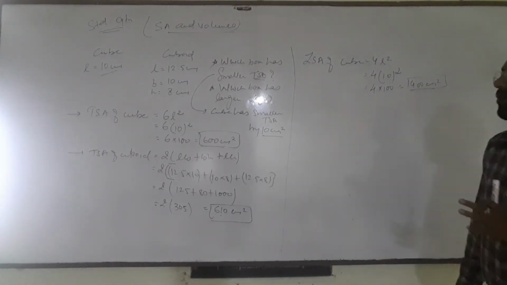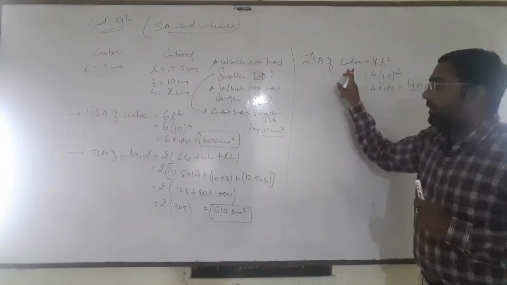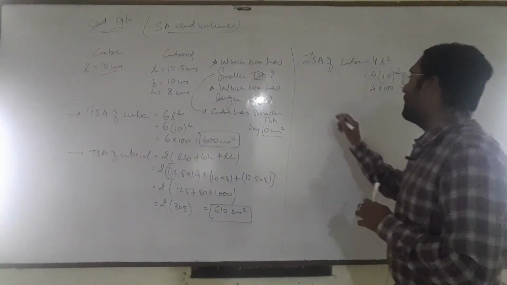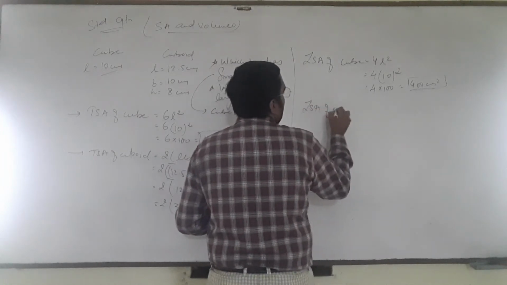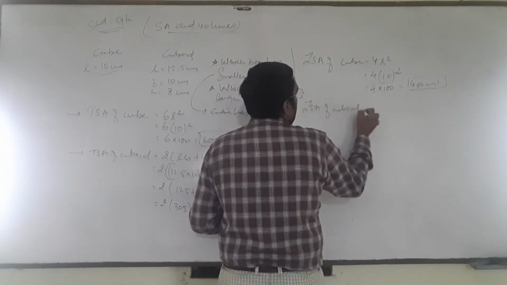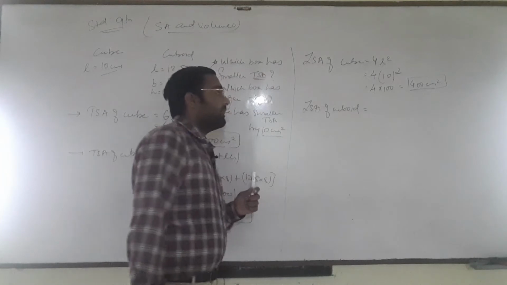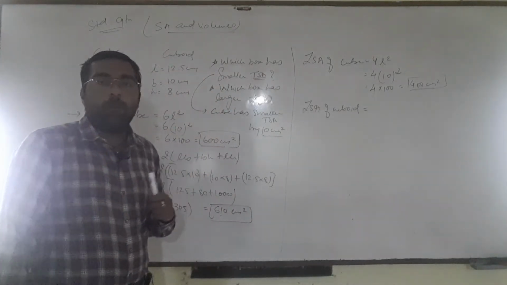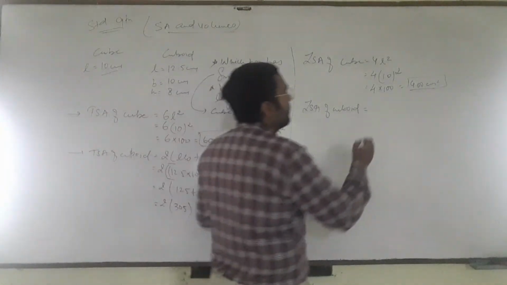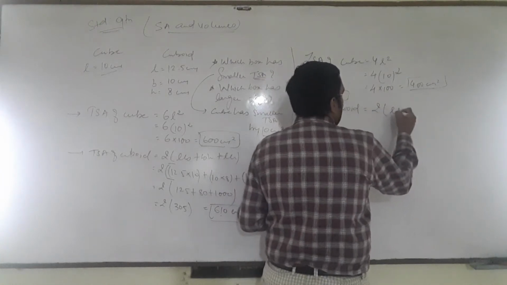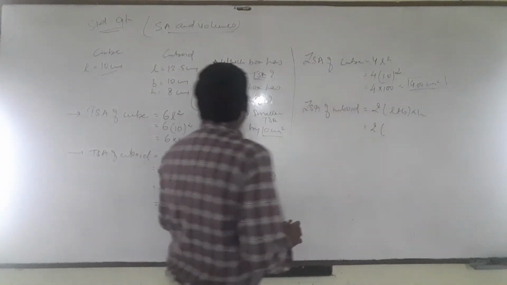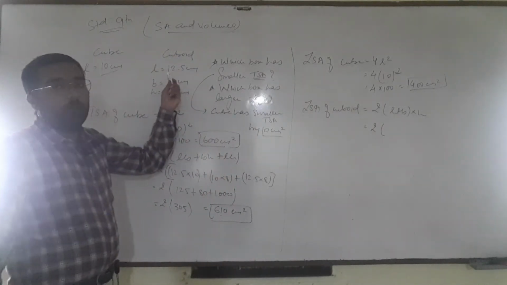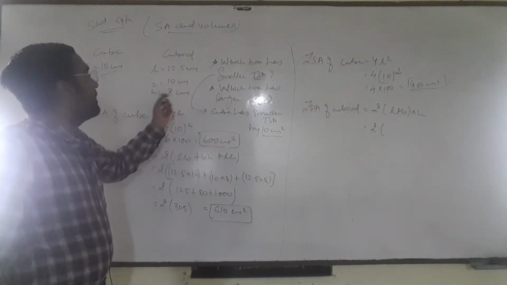Now we have to move to the lateral surface area of the cuboid also. The lateral surface area of cuboid is 2 times L plus B into H. Length of the cuboid is 12.5, breadth of the cuboid is 10.